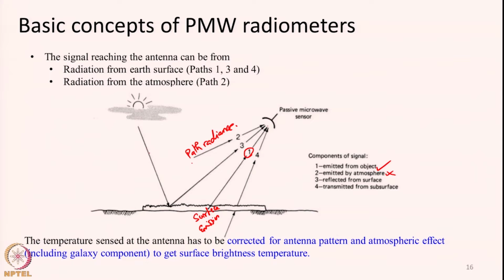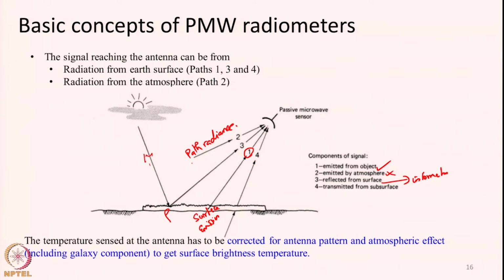The third is the emission from the atmosphere that is travelling towards the ground and getting reflected by the ground surface. So, path 3 also carries information about the surface, but here the major source of energy is not the surface emission, but the emission from the atmosphere.